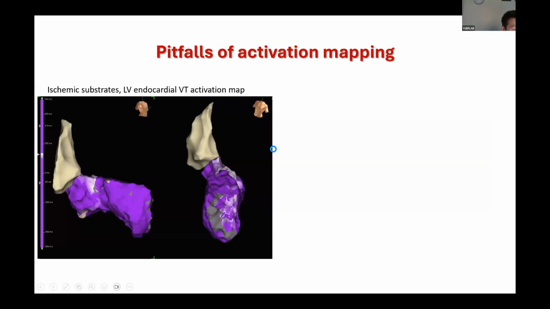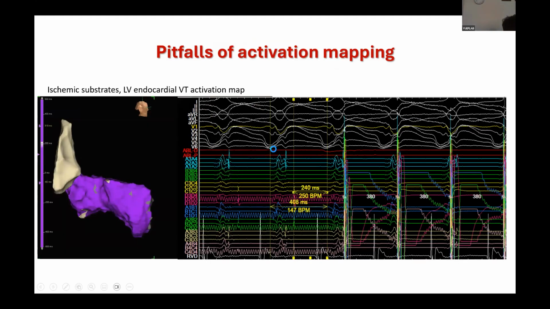We always want to do the activation map as much as possible, not only out of interest, but because sometimes with the VT activation you could terminate the VT. Actually, for monomorphic VT, you just try to terminate at one spot and you terminate the VT with very good outcomes. But the pitfall of the activation is that sometimes you have a chaotic activation.